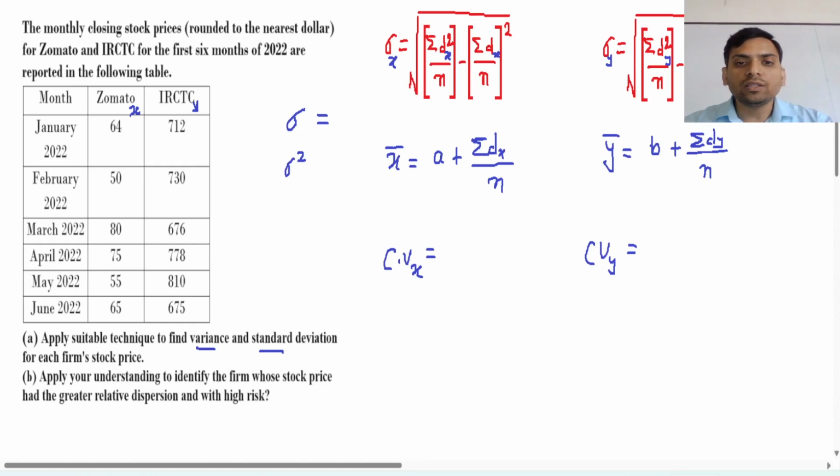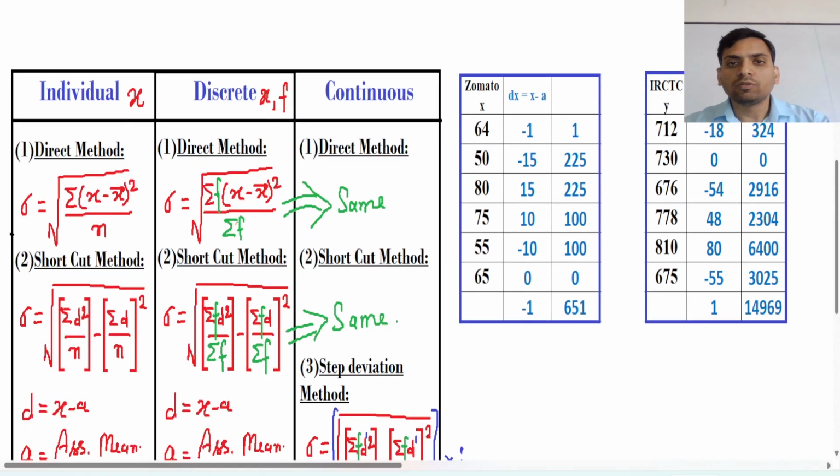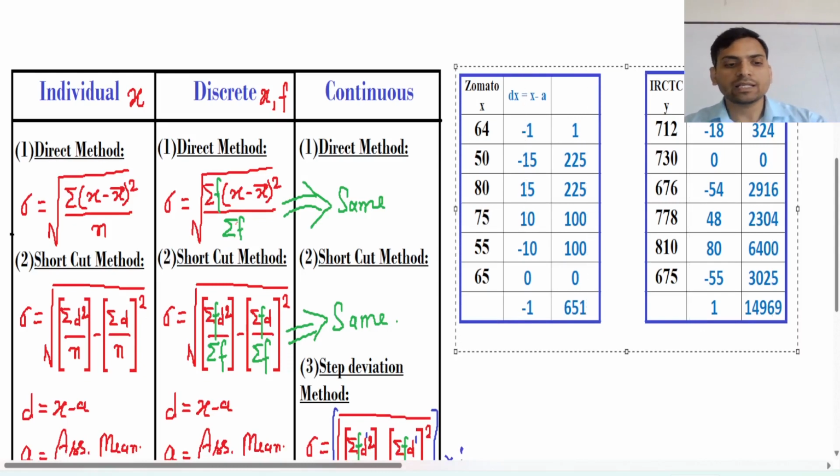So if the coefficient of variation of X is higher than CVY, the first is comparatively more risky, meaning Zomato will be more risky. First we need to find sigma X, sigma Y, X bar and Y bar, so we will prepare two tables, first for Zomato and second for IRCTC.